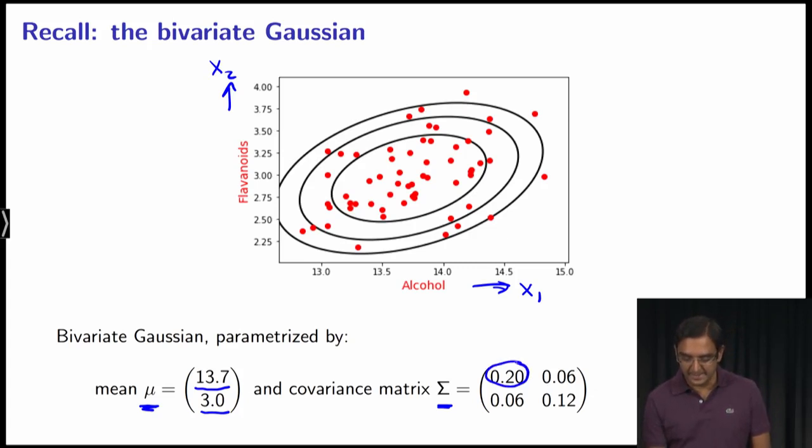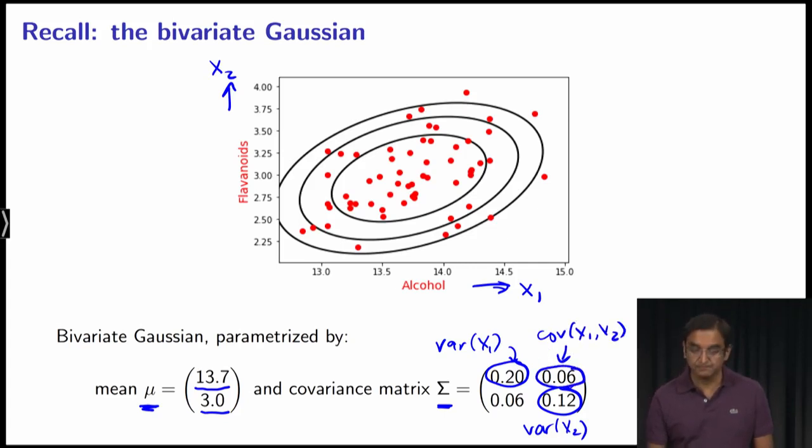It has the variance of x1 up here, it has the variance of x2 down here, and then it has the covariance between the two features, which are the off-diagonal numbers.